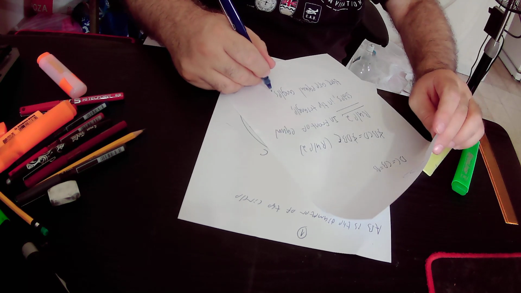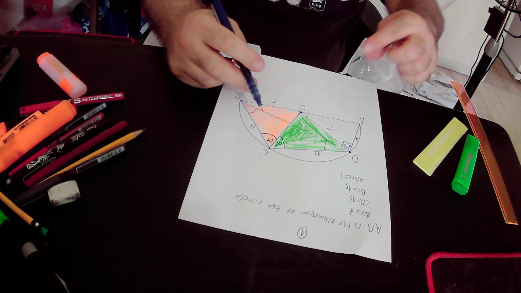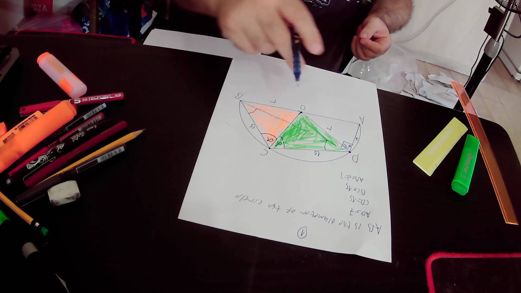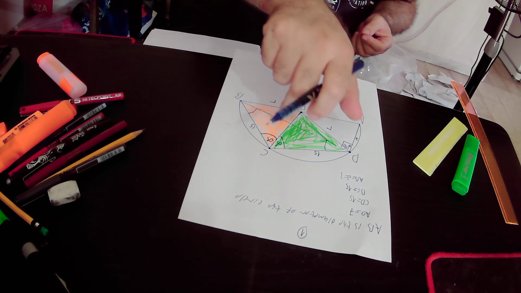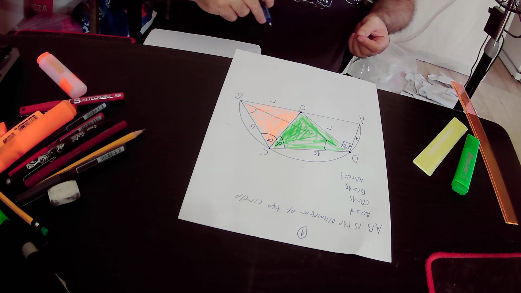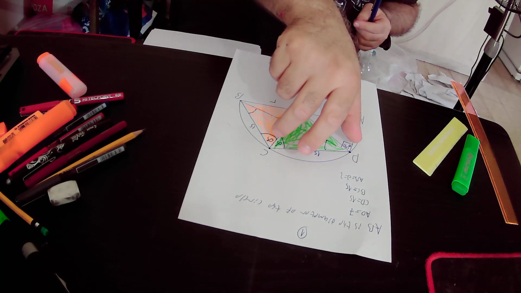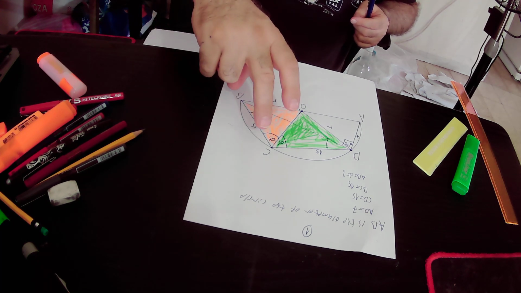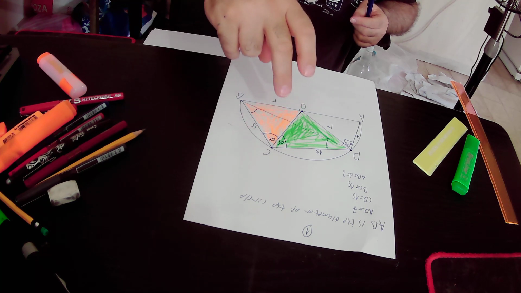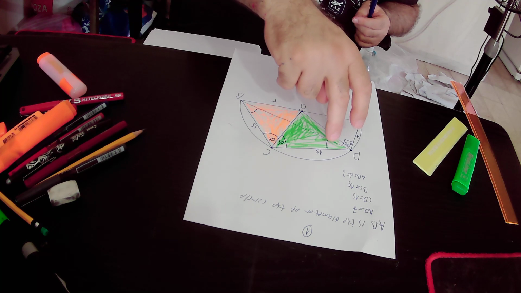Okay, so in triangle DCB we have two sides that are equal to each other, DC equals BC. Therefore, in front of side DC we have angle DBC, this angle, and in front of side BC we have angle BDC, this angle.